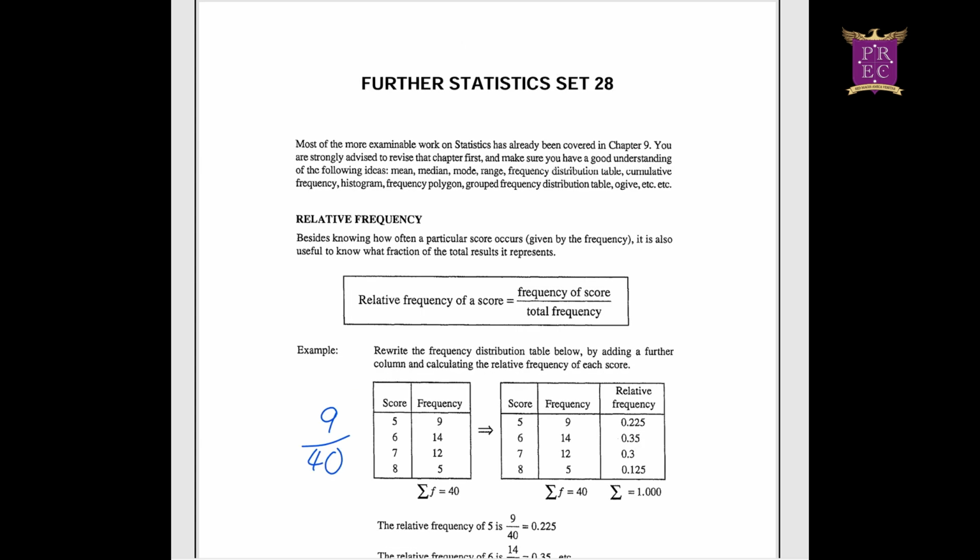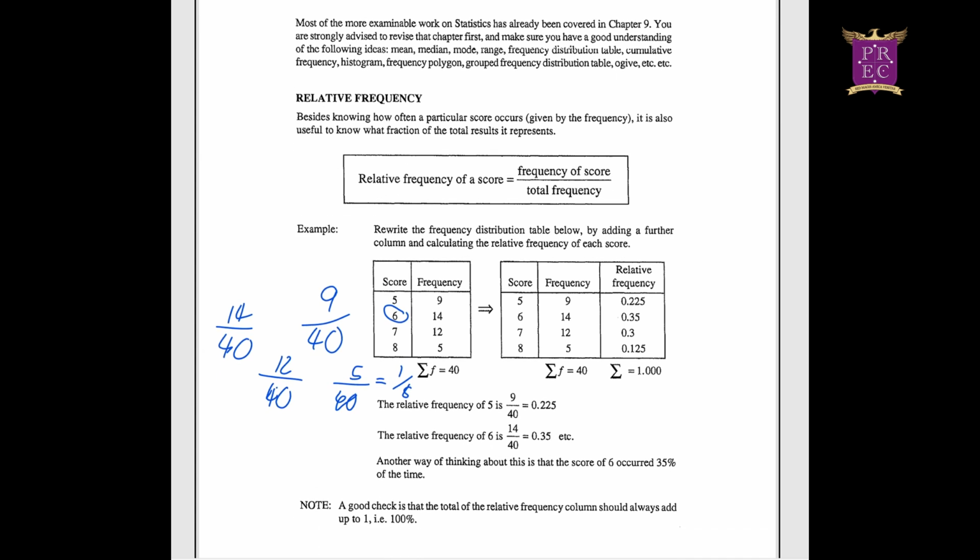If you want to have a look at the relative frequency for number 6, just do 14 over 40. For number 7, we do 12 over 40. And finally for 8, we do 5 over 40, which is 1 on 8. We can simplify these ones too, but I didn't.